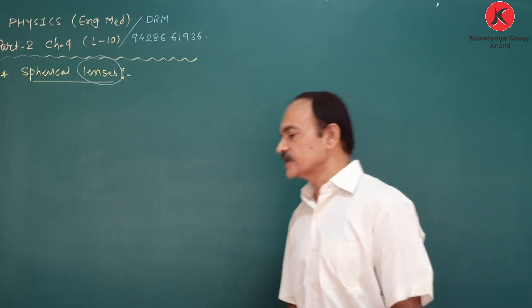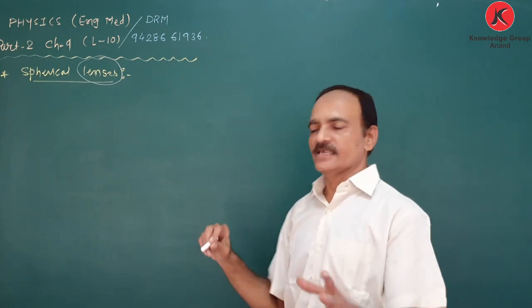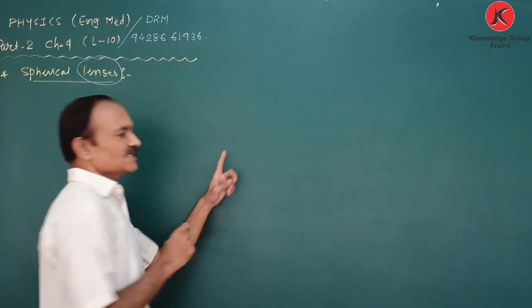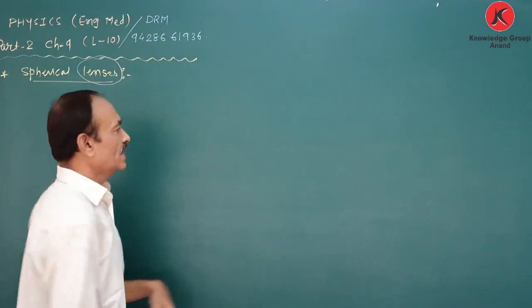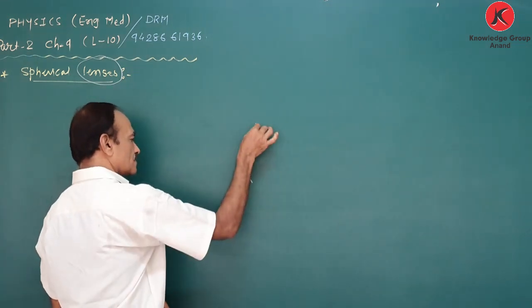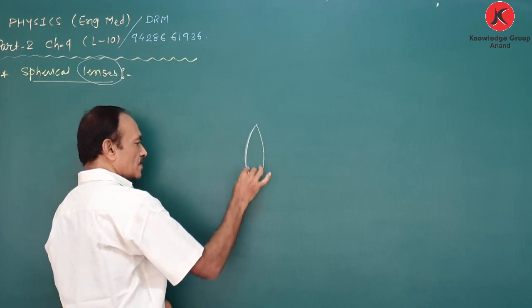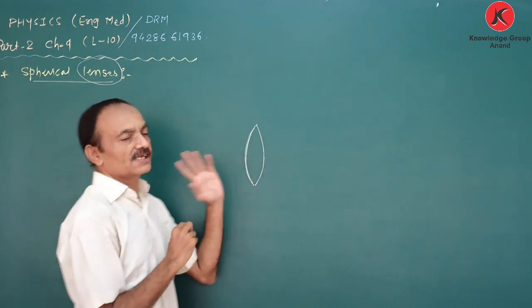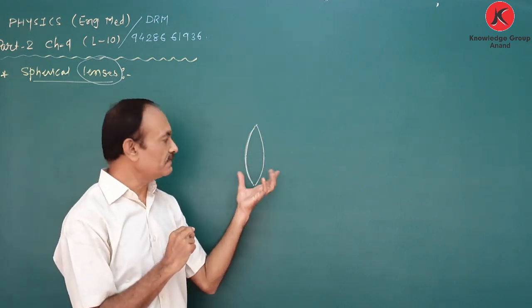Now, a lens is a transparent medium bounded by two spherical surfaces. Generally, we know this.